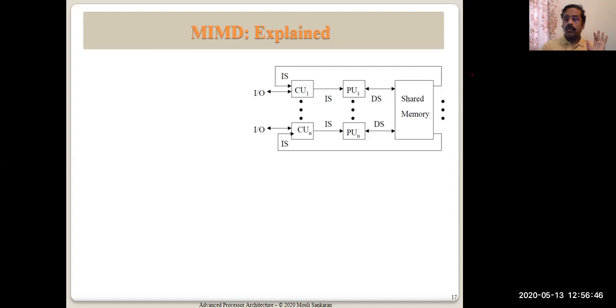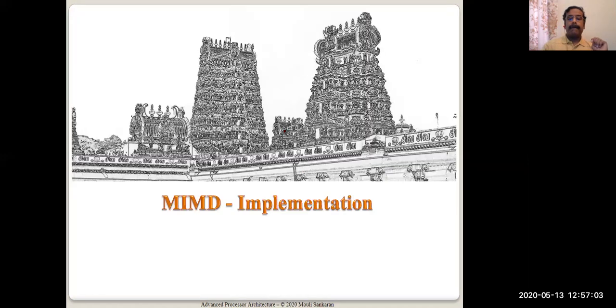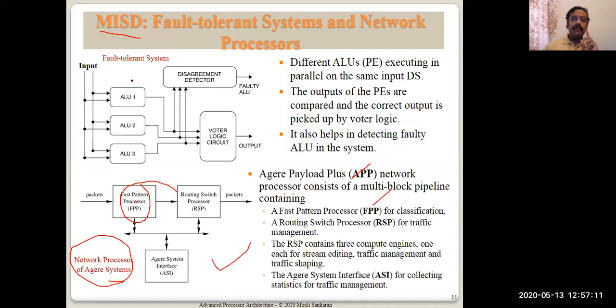One second, there is some question here. If they have multiple instructions, their working functions and goals are not the same. How can the output be the same in MISD? Okay, very good question. Here it is used for a different purpose.